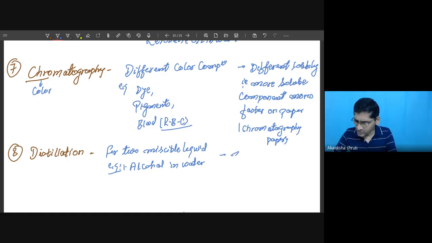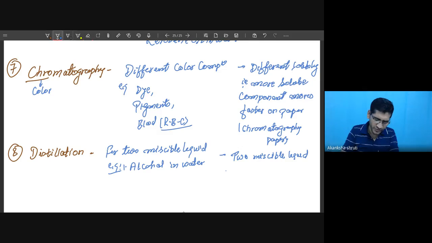So two miscible liquids, boiling point difference. So melting point, boiling point, hope you might be knowing. Boiling means when you heat it, the temperature at which it will start boiling, converted into the vapor.